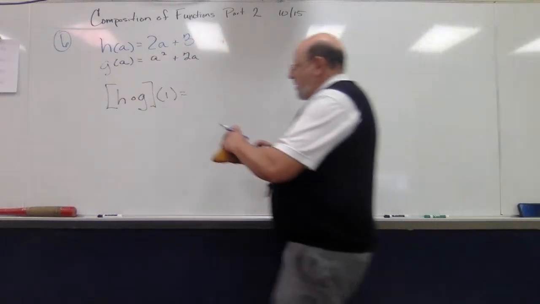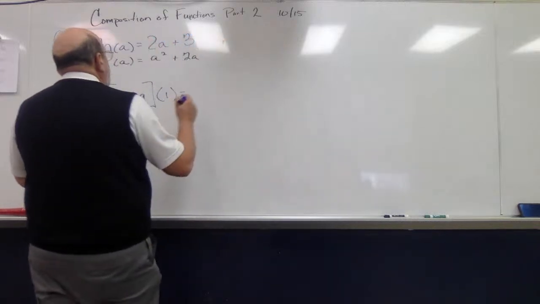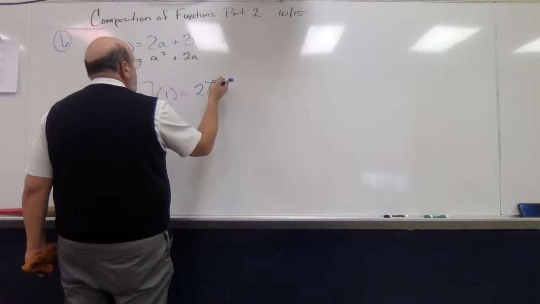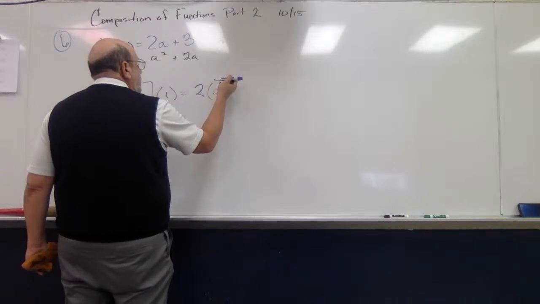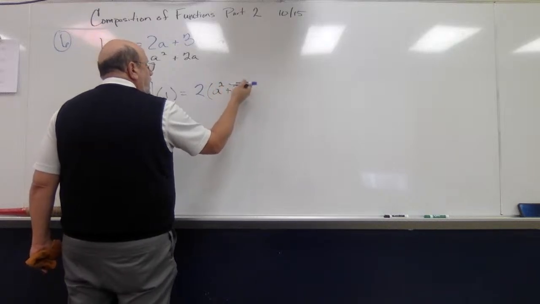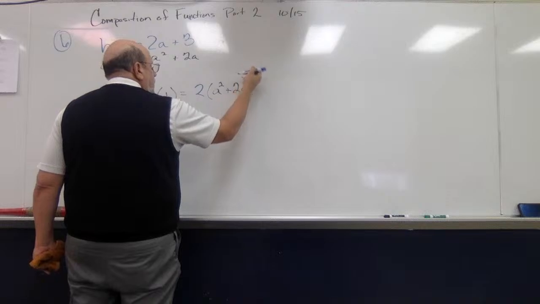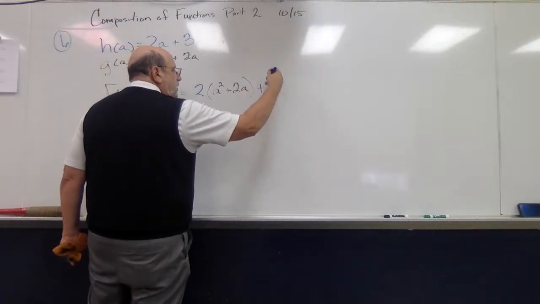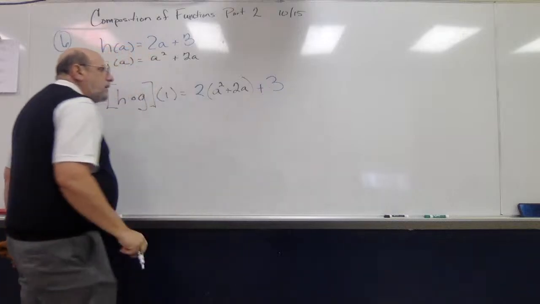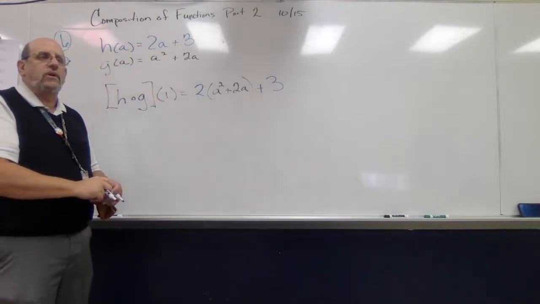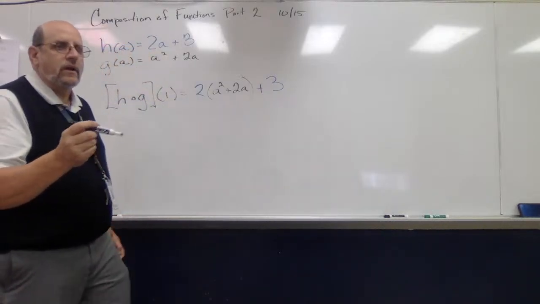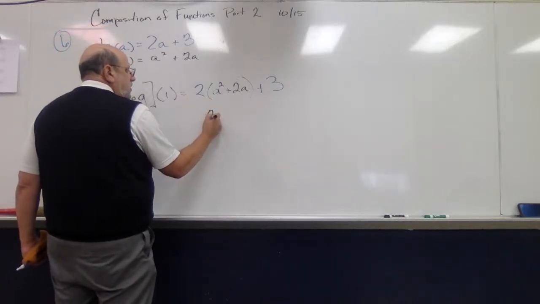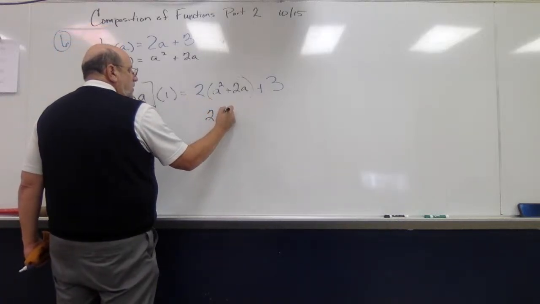So we'll do all our work. We have 2 times a squared plus 2a, and then plus 3 out here. This is easy, this is just what we did. Distribute. What's 2 times a squared? 2a squared.